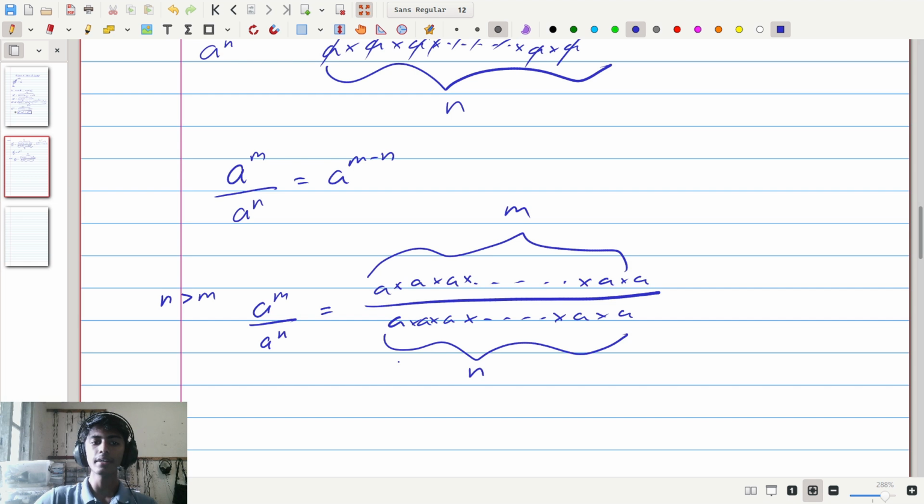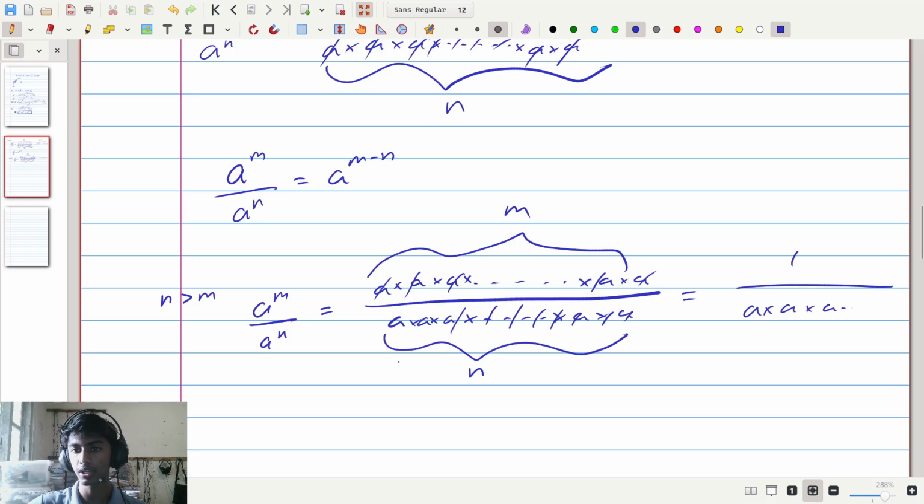And here, if n is greater than m, all the a's on the numerator will be cut, and they'll be cut for m number of a's on the denominator. So we'll be left with 1 divided by a times a dot dot dot times, a total of n minus m number of times on the denominator.